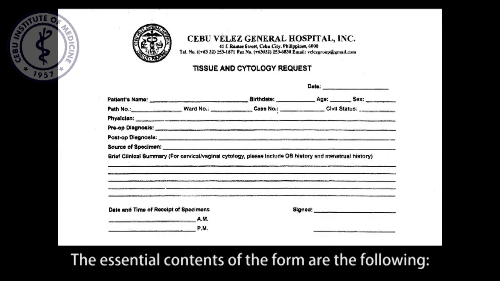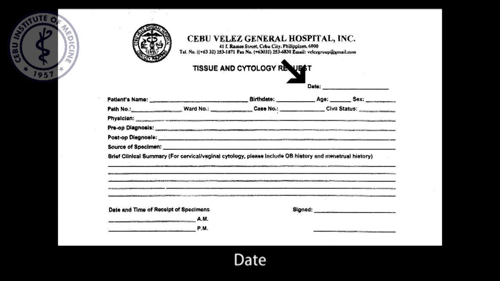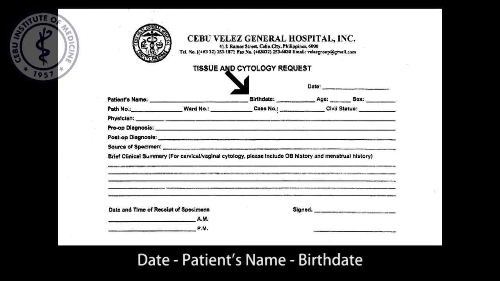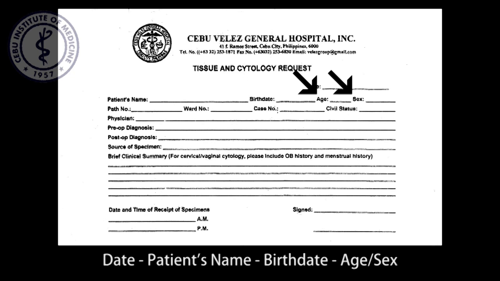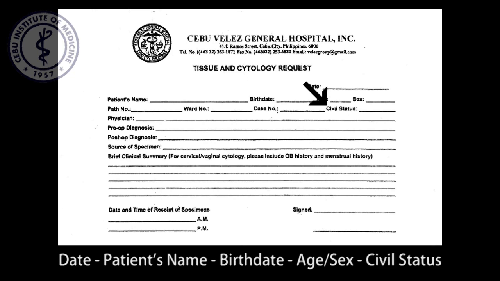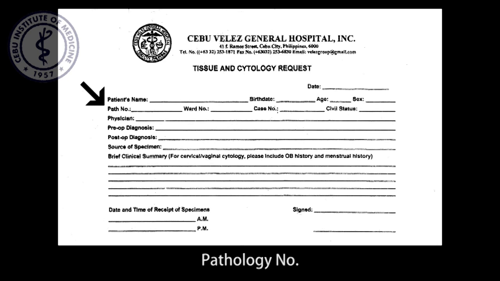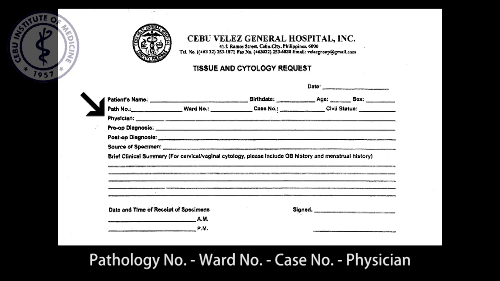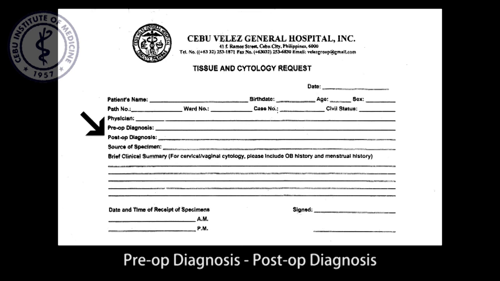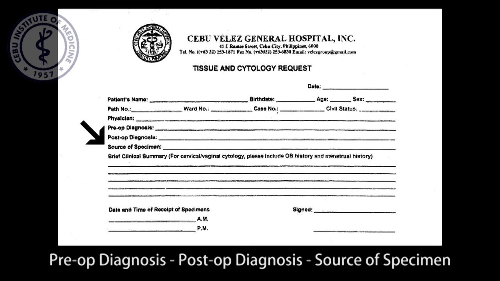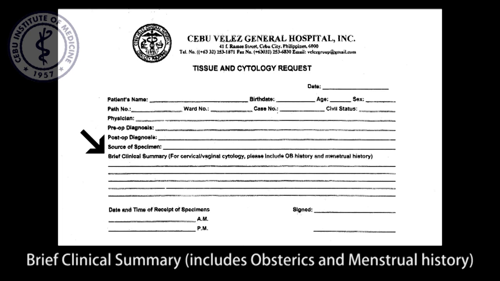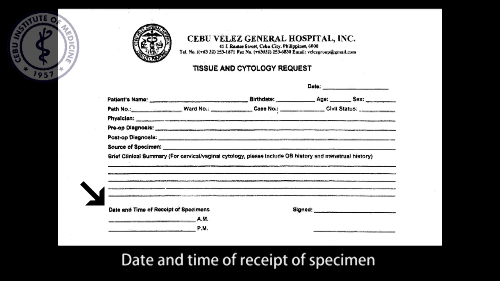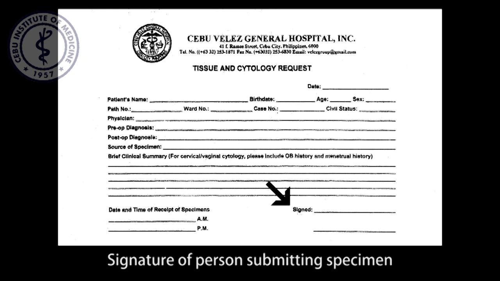The essential contents of the form are the following: date, patient's name, birth date, age and sex, civil status, pathology number, ward number, case number, physician, pre-op diagnosis, post-op diagnosis, source of specimen, brief clinical summary, date and time of receipt of specimen, signature of person submitting specimen.